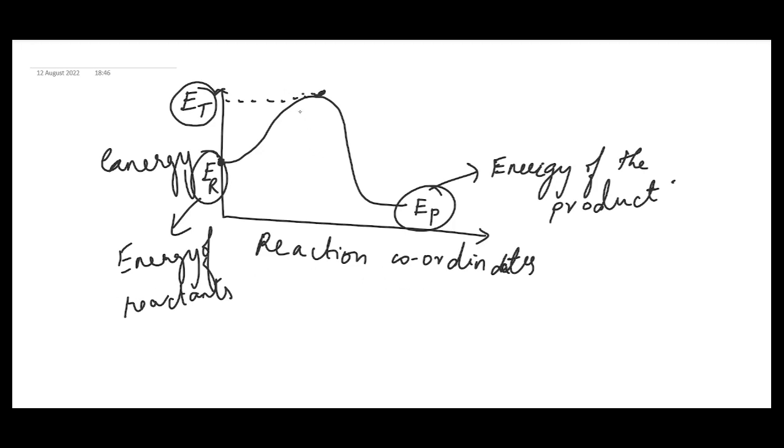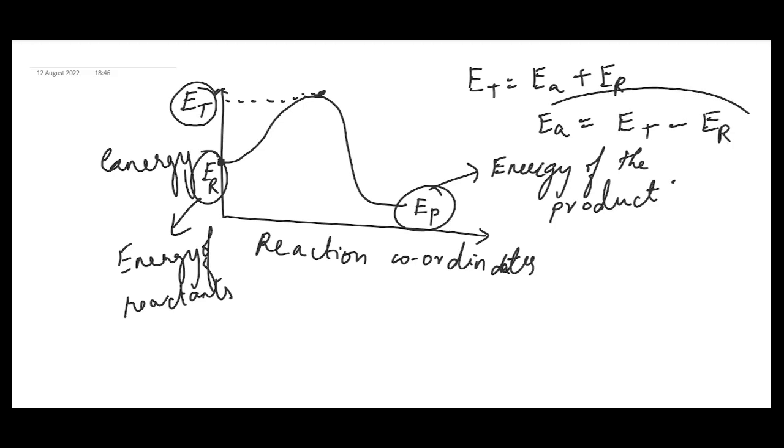Now, how do we represent activation energy in this? Now we have already related the threshold energy with the energy of the reactants. ET is nothing but Ea plus ER. Now activation energy is nothing but the difference between threshold energy and the reactant energy. So the topmost point of the graph was the threshold energy, and the starting point was the energy of the reactants.